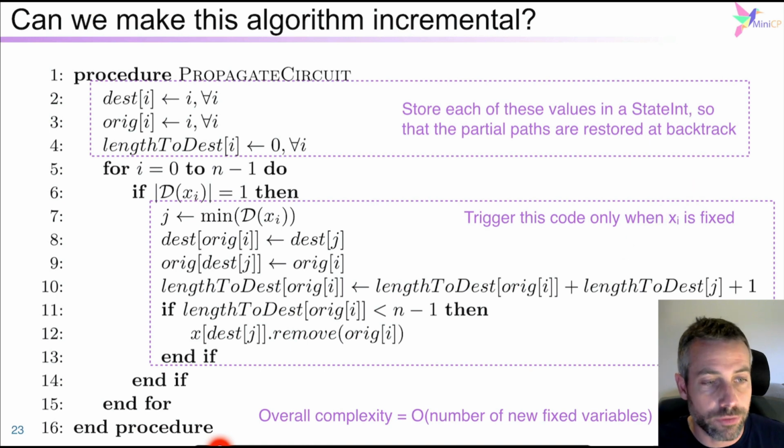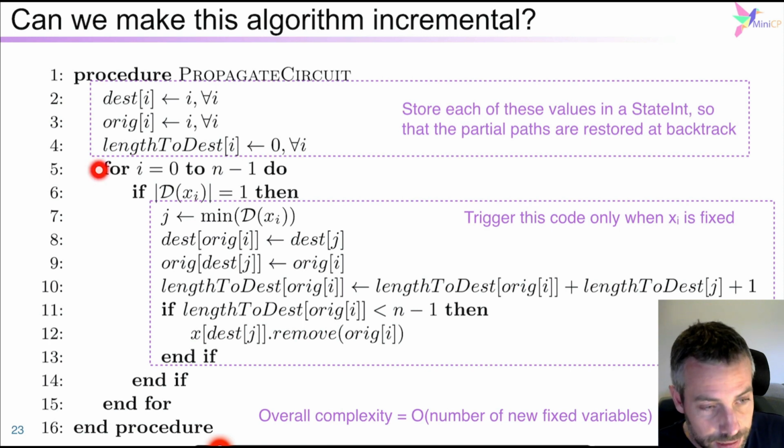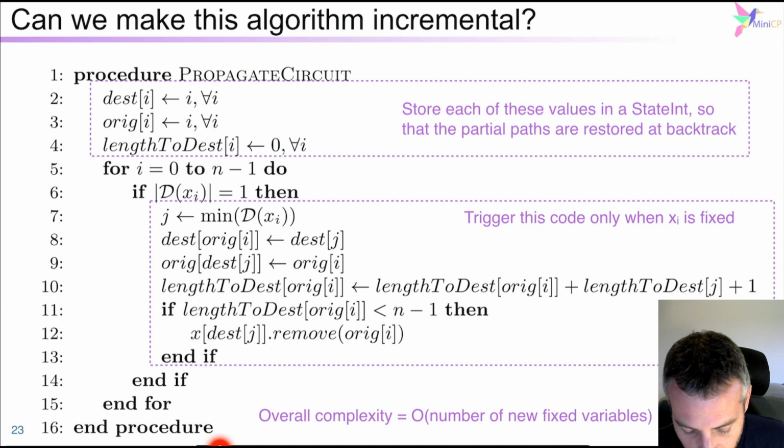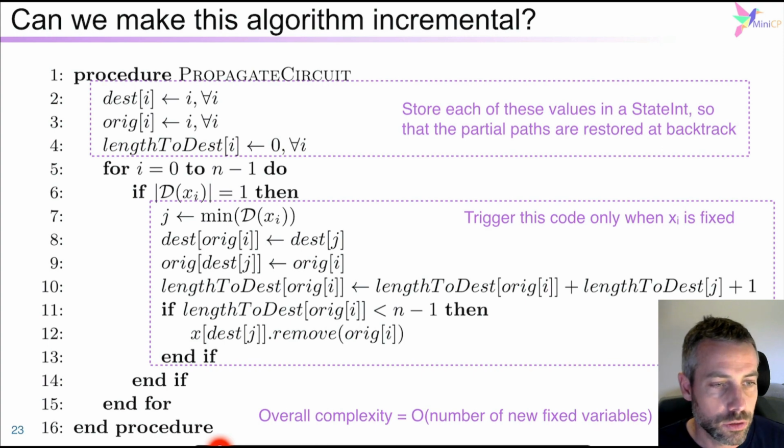You can also do that, for instance, by splitting the set of variables between fixed and not fixed variables using a sparse set. If you detect that a new one is fixed, you don't need to loop over all the n variables, but only over the ones that are not yet detected as fixed, and then you do this update in constant time. So you can have a total time complexity of this filtering algorithm that is proportional to the number of newly fixed variables. So that's very efficient.